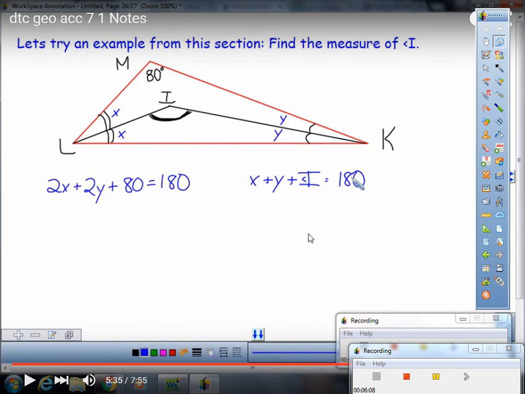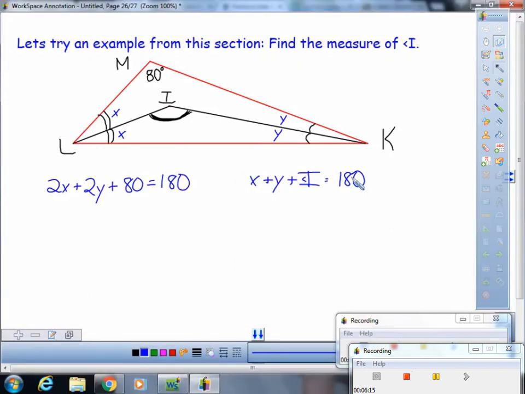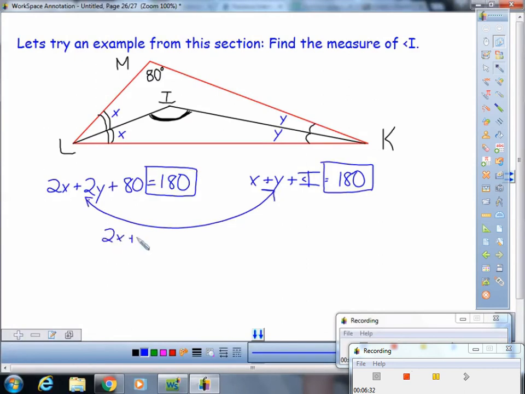So we have two different triangles, so we set up two different equations. We're trying to isolate angle I. Well, let's use a similar strategy to last time, and since both of these things are equal to 180, then we can use transitive, or you could call it a substitution, to say that 2x plus 2y plus 80 is equal to x plus y plus I.